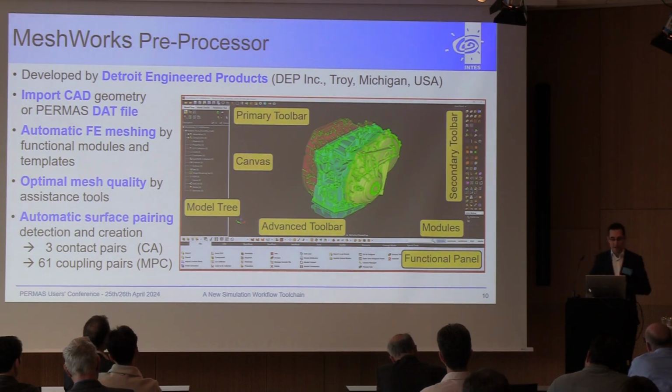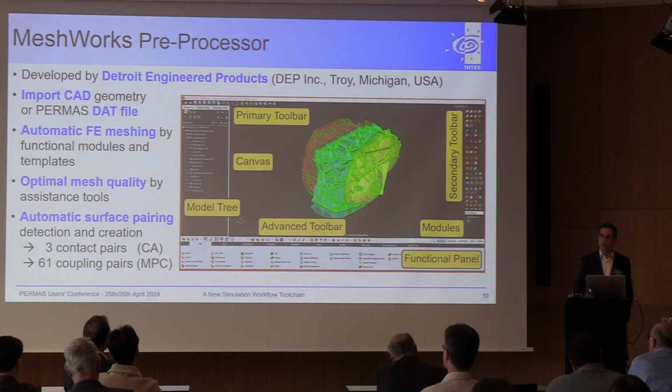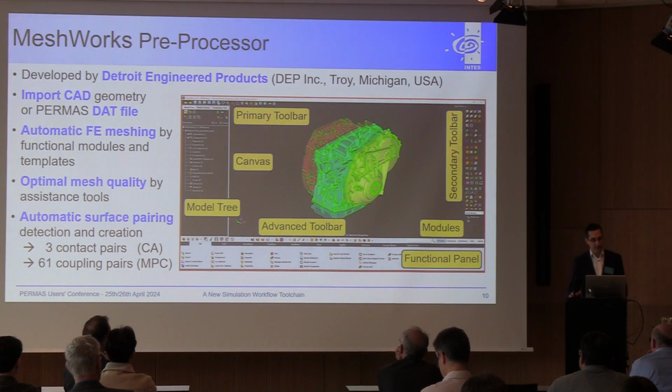This can be done automatically in MeshWorks, and as a final product, you get the mesh, you get the surfaces, and some coupling information. Those are the lower point. In this case here, we have 3 surface pairings, which are defined as contacts, and 61 pairings, which will be incompatible mesh coupling definitions by MPCs.